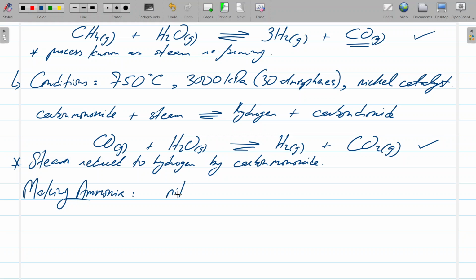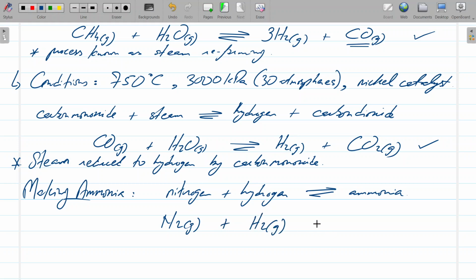You take nitrogen and you take hydrogen, and this is also a reversible reaction, and you're getting ammonia. So you have N2 gas plus H2 gas, giving you NH3, also a gas.